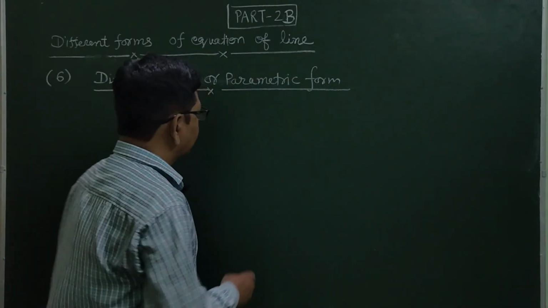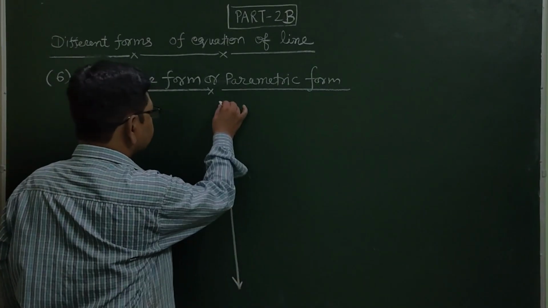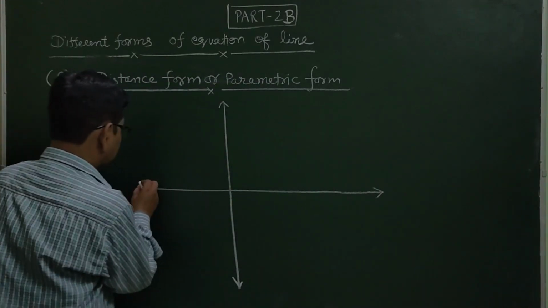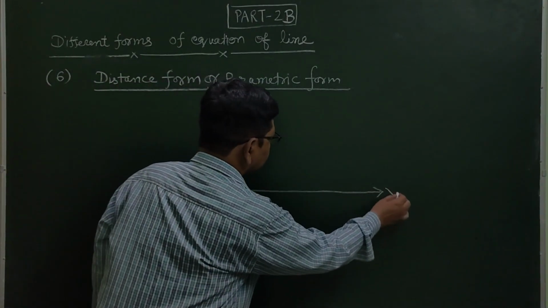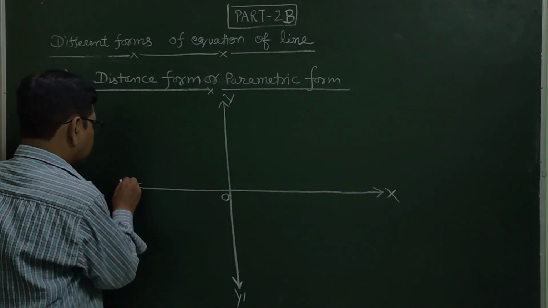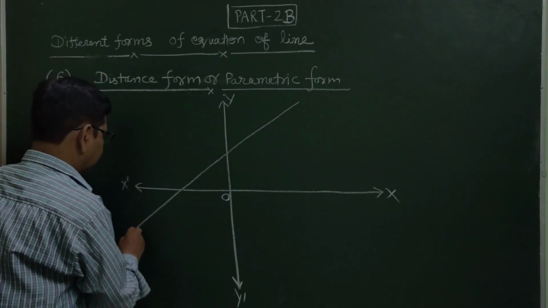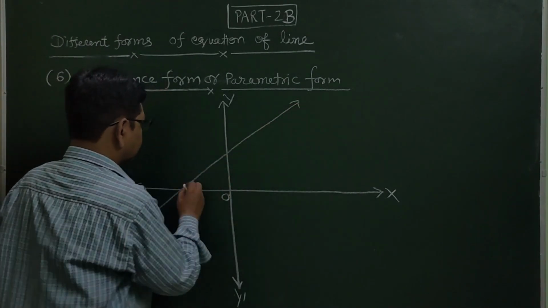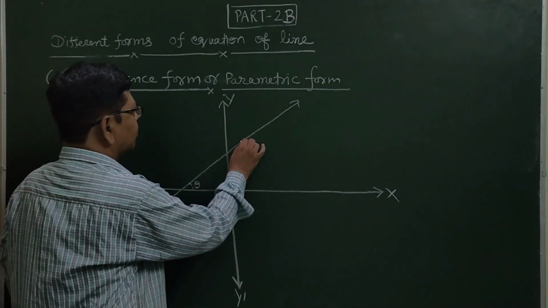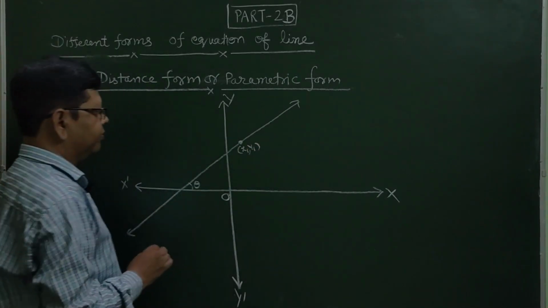So let us first draw a straight line which makes an angle theta with x-axis, and this line passes through a point P having the coordinates x1, y1.